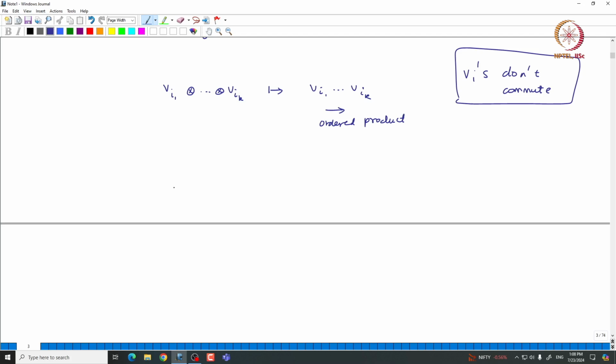Okay. So, now if we start with a G module, then what happens? Okay, then it is easy to see that T of V becomes naturally a G module again. So, if V is a G module, then it is easy to see that we can define a G module structure on the k-th tensor power.